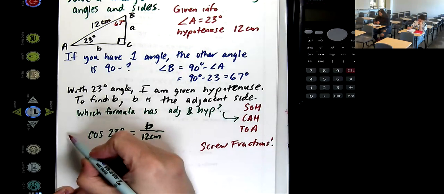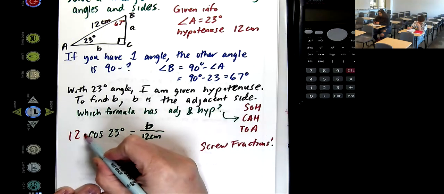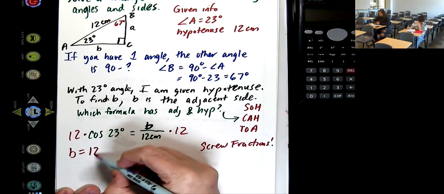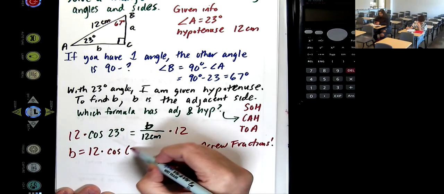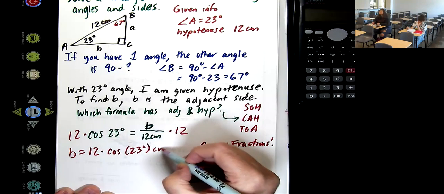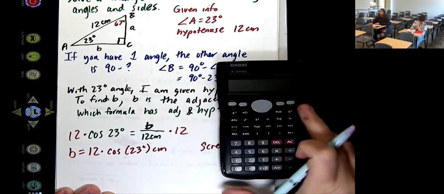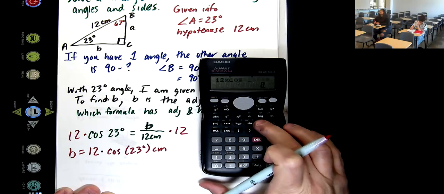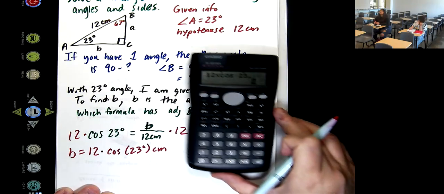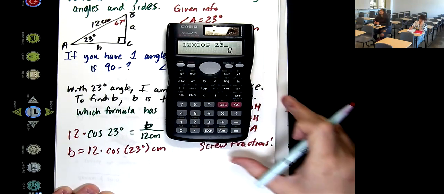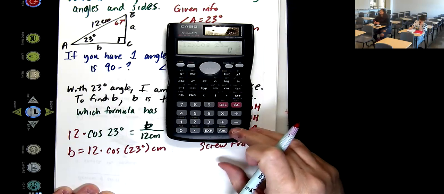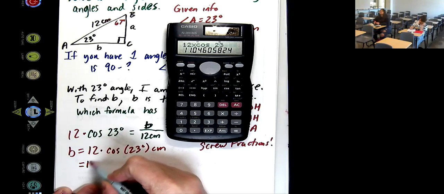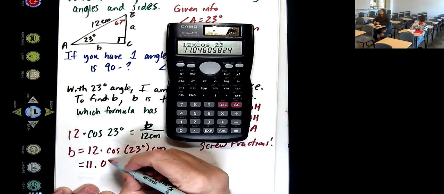So if I clear the fraction, I'm going to multiply both sides by that 12. And I get B equals 12 times cosine of 23 degrees. And that's in centimeters. I don't know what that is, but I can calculate that. 12 times cosine of 23. B is 11.046.